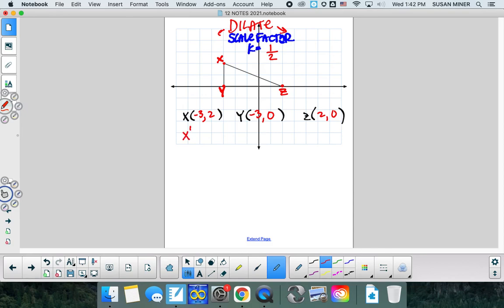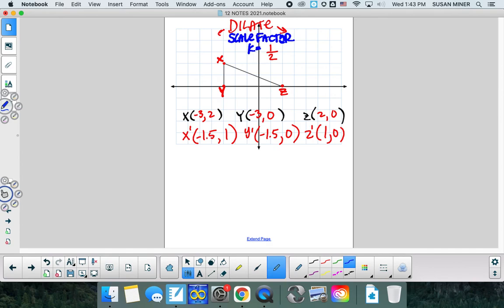So X prime is going to be at -1.5, half of 3, right? And 2 becomes 1 because half of 2 is 1. Y prime is going to be at -1.5, 0. And Z prime is going to be at 1, 0. So all I did was multiply all of those coordinate pairs by 1/2. And you can do that right in your calculator.